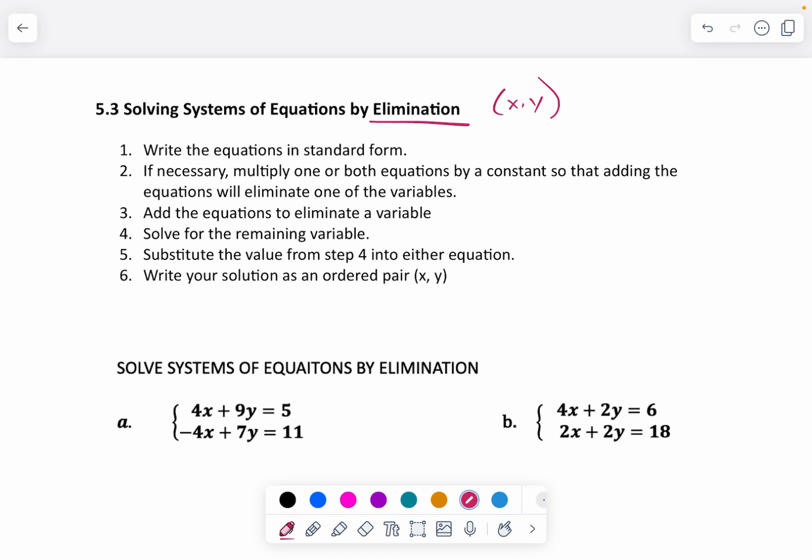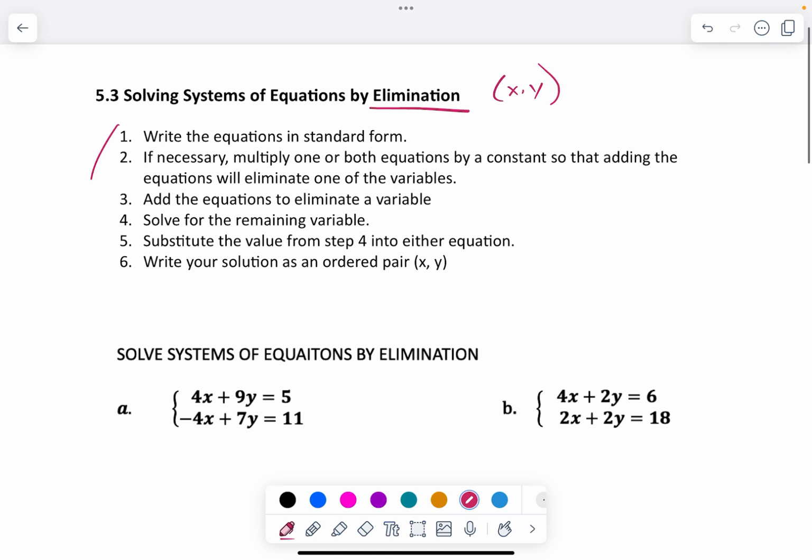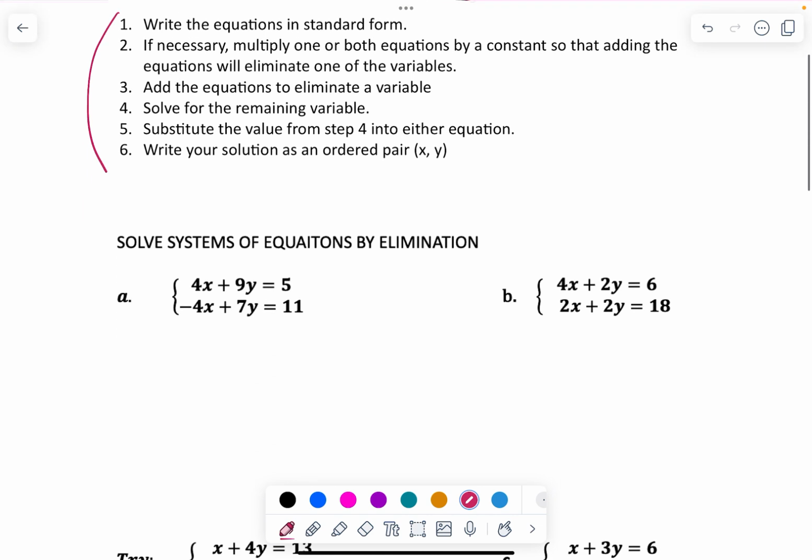Now, elimination works, the instructions are here, but we'll walk through the one example, when we need to combine these equations somehow, and we're going to combine them by adding them together.